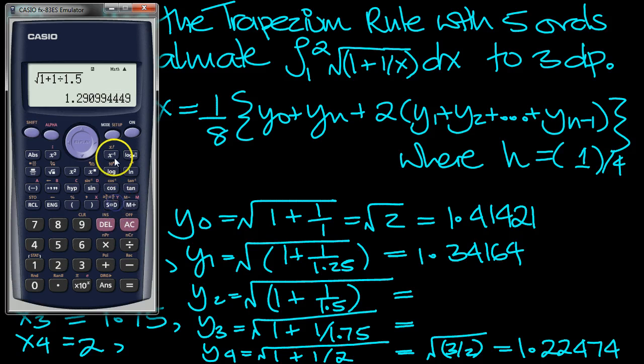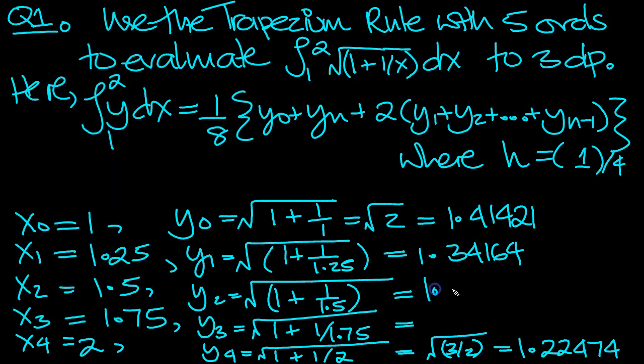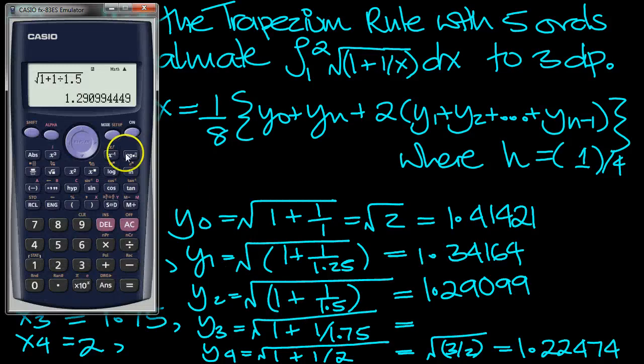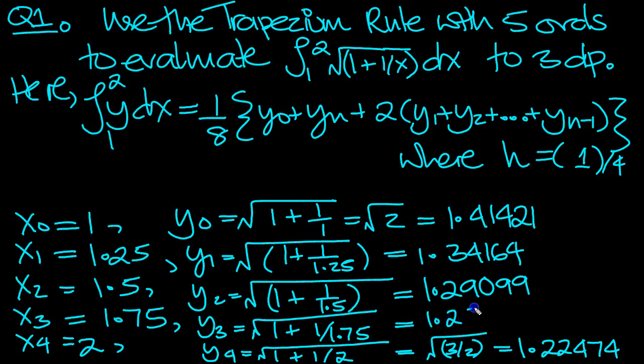And we get 1.29099. Now the last one, 1.75. Let's tap that in. Just put the toggle back and put the 7 in there. And we get decimal 1.25357.